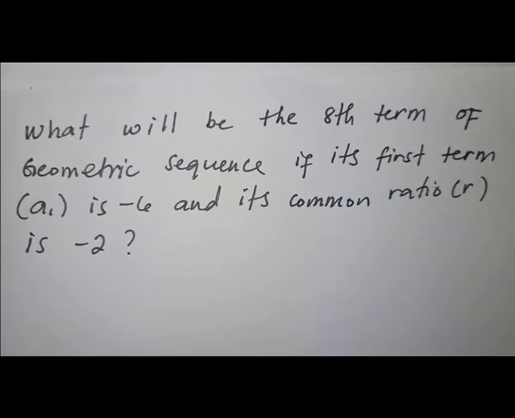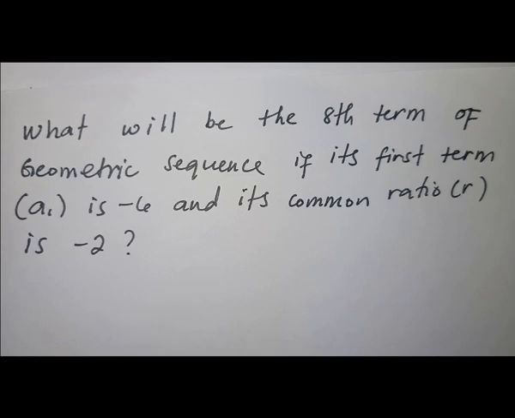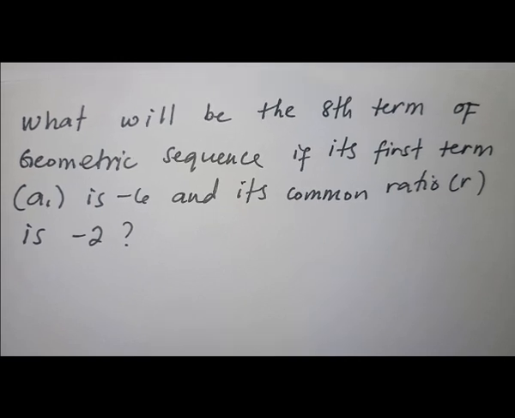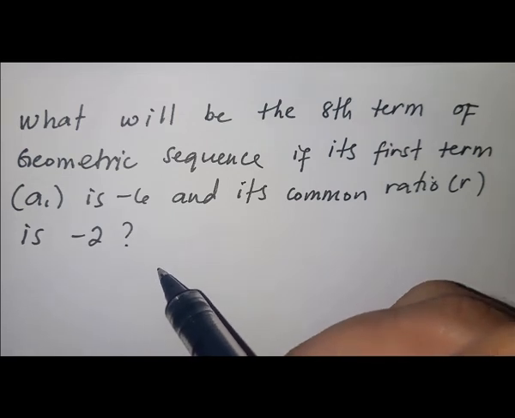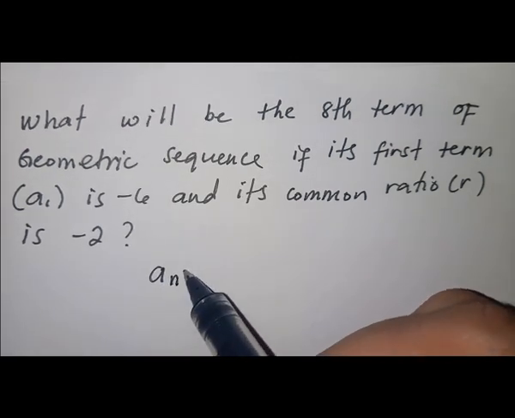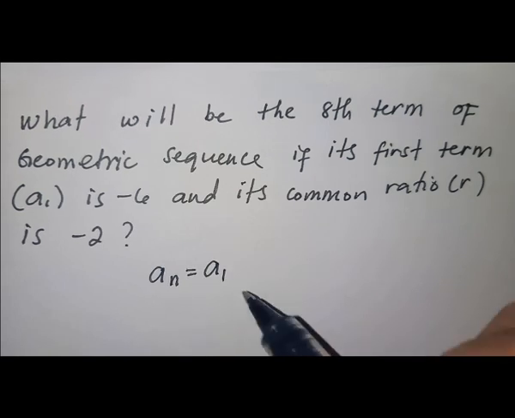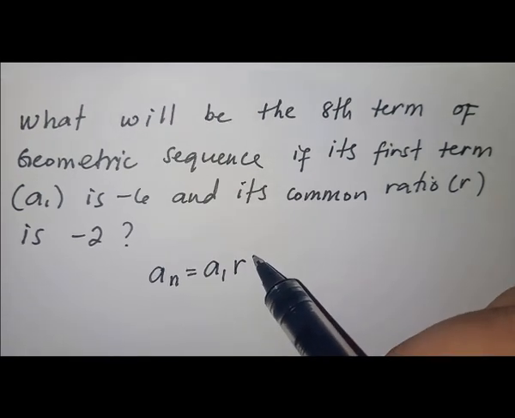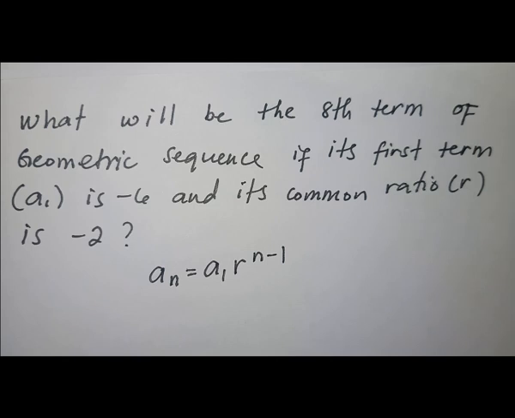Okay, so let's have another example again. What will be the 8th term of geometric sequence if its first term is negative 6 and its common ratio is negative 2? Okay, so mula sa process natin kanina, syempre para mas matandaan natin lagi yung formula, una nating isulat lagi yung formula. We have a sub n is equal to a sub 1 times r raised to n minus 1.